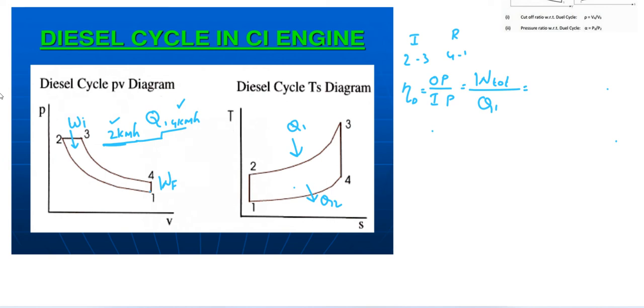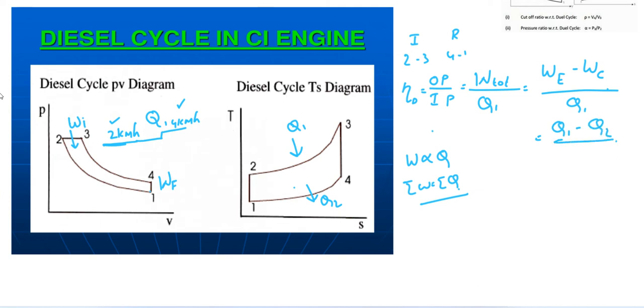From the thermodynamics law, W is directly proportional to Q, right? Sigma W equals sigma Q. In the same way, W total equals W exhaust minus WC by Q1. In the same way, you have injected Q1 heat, so Q1 minus Q2 divided by Q1, which equals 1 minus Q2 by Q1. Happy? Okay, now you have completed the efficiency step.